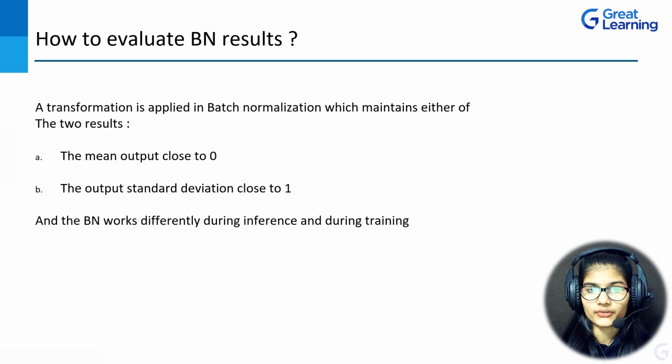That's the transformation. Whenever a transformation is applied in batch normalization, transformation means to transform something, right? Whenever it is applied in BN, it maintains these two results: the mean output will be close to 0 and the output standard deviation will be close to 1. And batch normalization works differently during the inference and during the training.